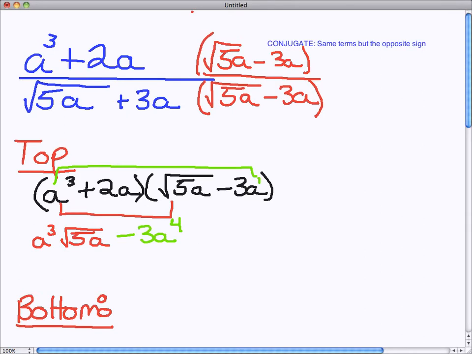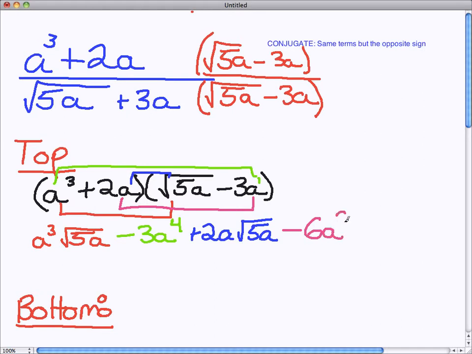Then we're going to do our inner term times our inner term. And finally, to round this out, we're going to look at our last term times our last term. The same goes here. We are going to add those exponents, and remember to multiply the numbers out in front.